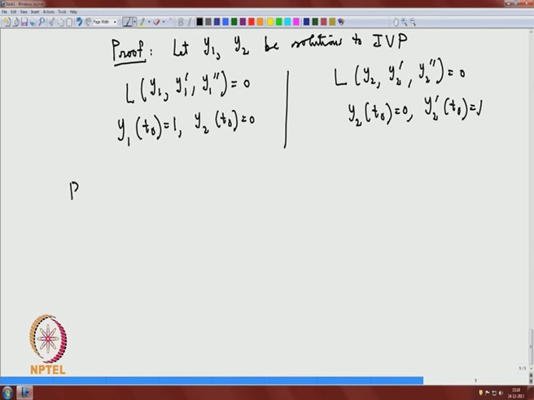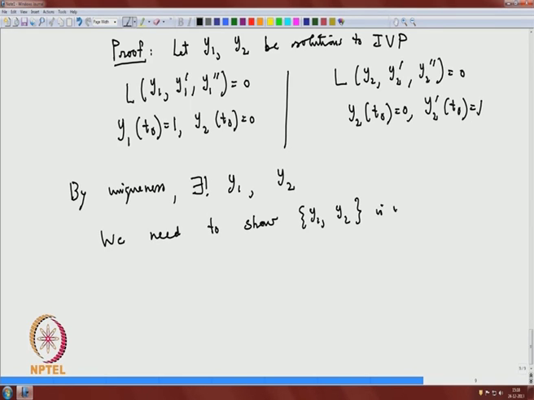By uniqueness, there exist unique y1 and y2. We need to show that y1 and y2 are independent. How do you show this? Just compute the Wronskian. The Wronskian W(t) is y1 y2 prime minus y1 prime y2.